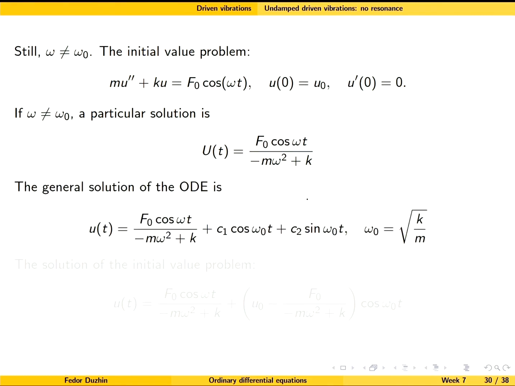Which is why it only works when omega is different from omega naught. And so then we have the general solution of our differential equation, and you see it is a combination of oscillations with frequencies omega and omega naught.